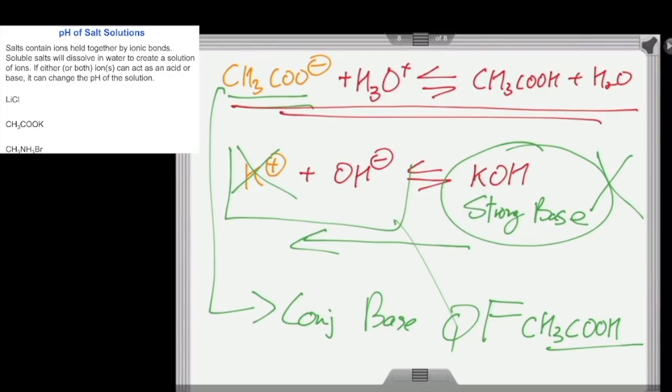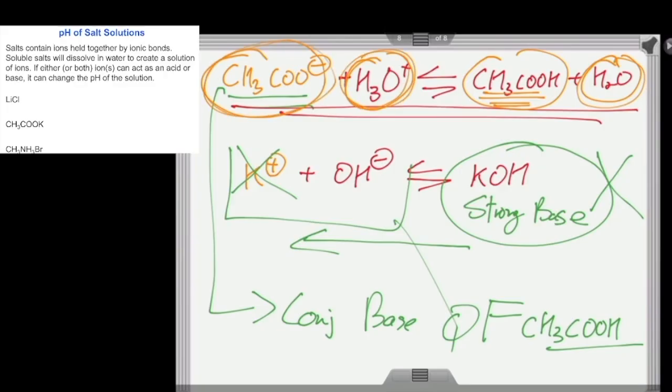Acetic acid here plus water gives you H3O plus, and yeah, that is the reverse, drawn backwards, of the Ka expression for acetic acid. If acetic acid was put in water, you make H3O plus and the conjugate base, CH3COO minus. That is an equilibrium we know something about.